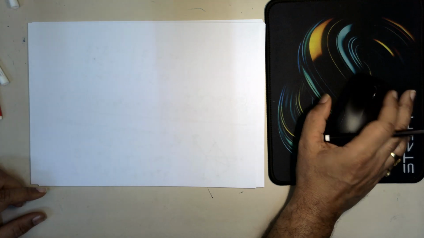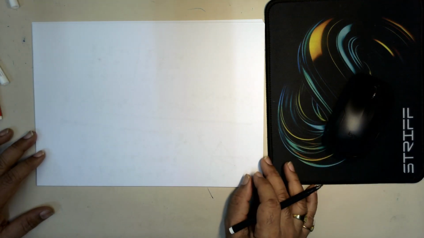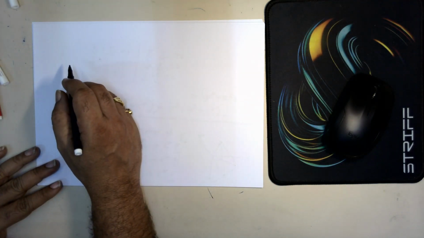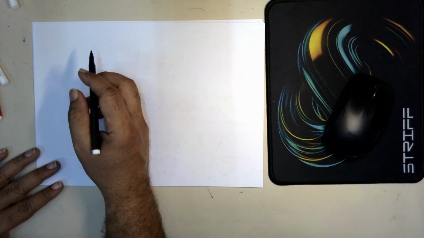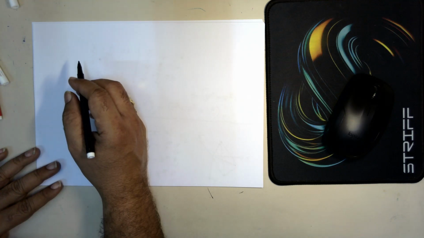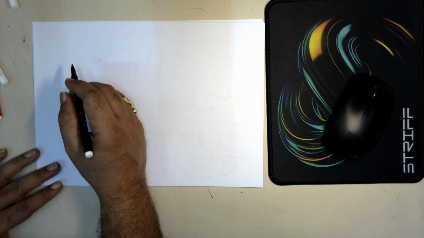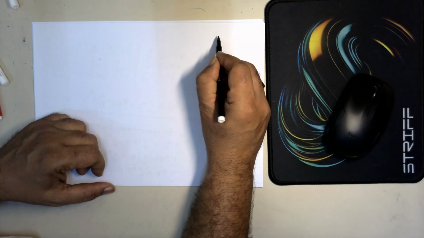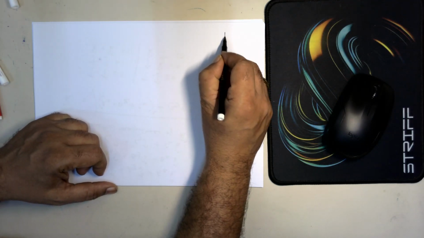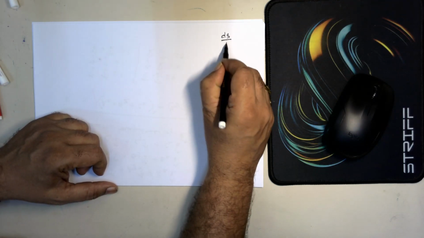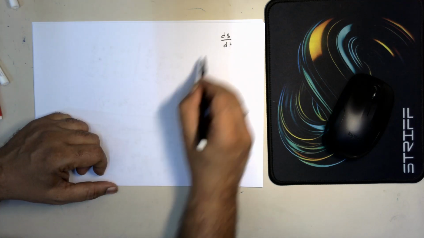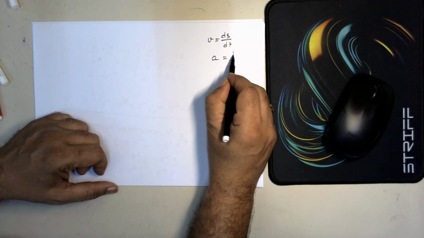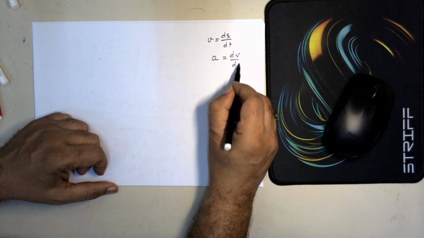Now let us discuss the sum based on the resultant velocity. What do you mean by velocity? Rate of displacement. Rate of displacement can be represented by calculus as ds by dt, which is nothing but the velocity. What do you mean by acceleration? dv by dt.